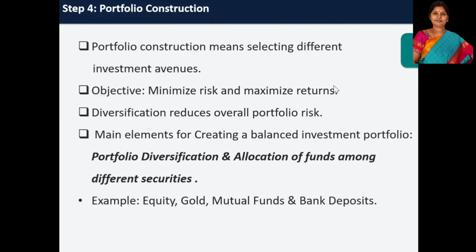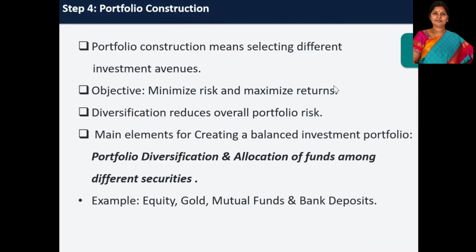See here, I would like to give one example. Don't put all eggs only in one basket. So you select high risky investments, moderate risky investments, and also low risky investments. So this will definitely minimize your risk and maximize your returns. So this diversification will reduce what? Our portfolio risk.